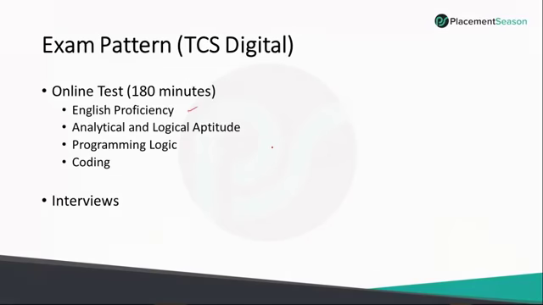You will get questions from these 4 major topics, and the duration of the test is 180 minutes. They may have some sectional time limit, and they may have some negative marks, but we don't have that information yet. This is followed by technical interviews and HR interviews.